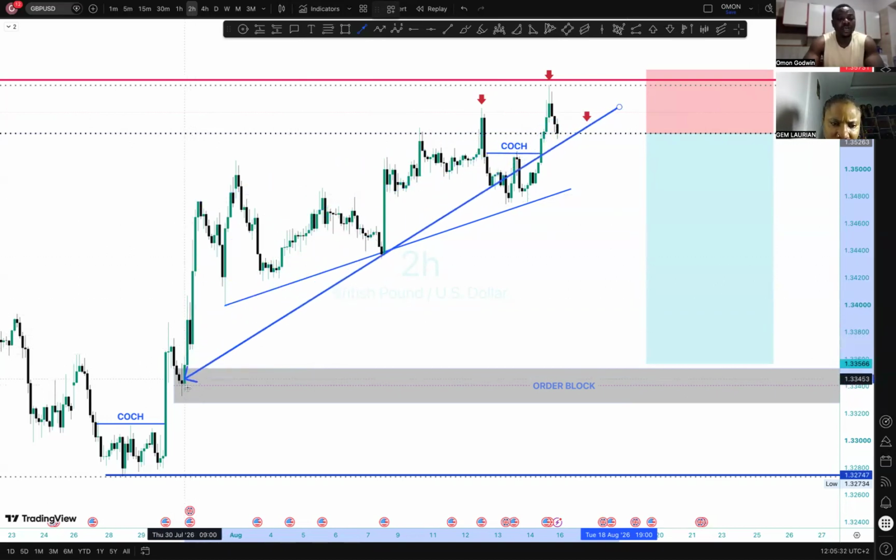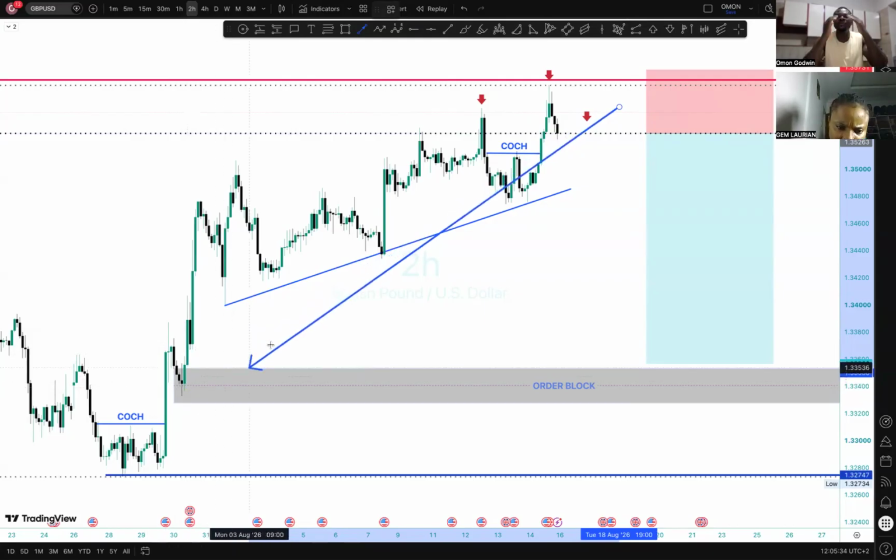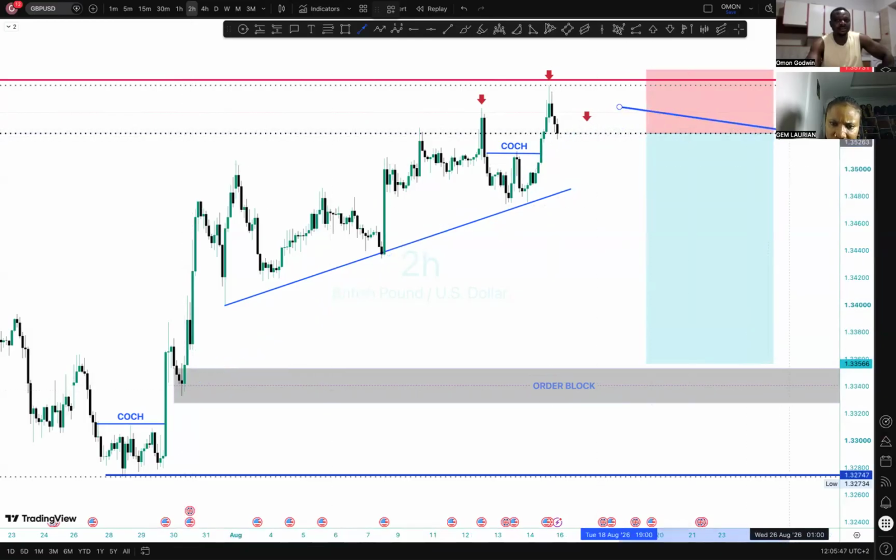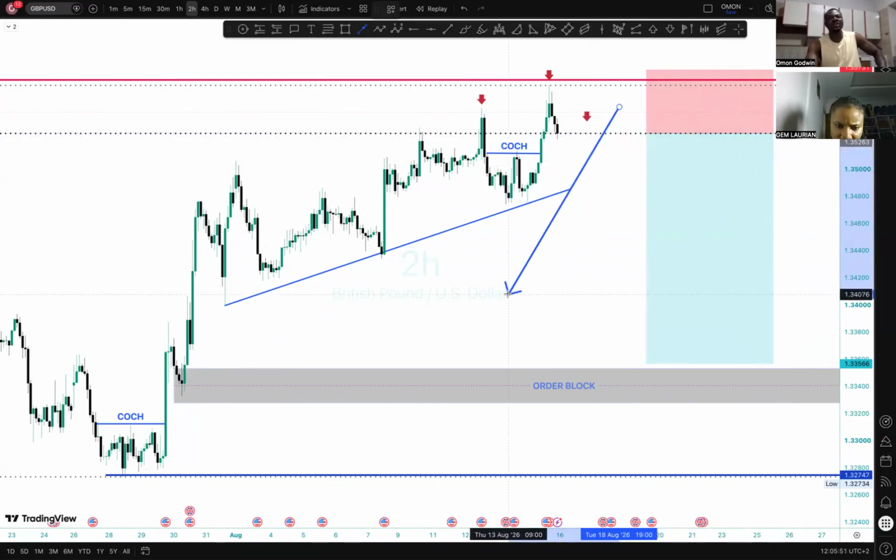So in a simple way, how do you identify an order block? You look at your previous market, because this is my previous market. My current market is here. So bear it in mind, how do we analyze forex trades? We analyze forex trades based on what the market has done in the past.